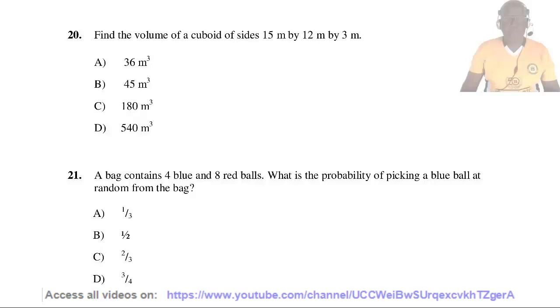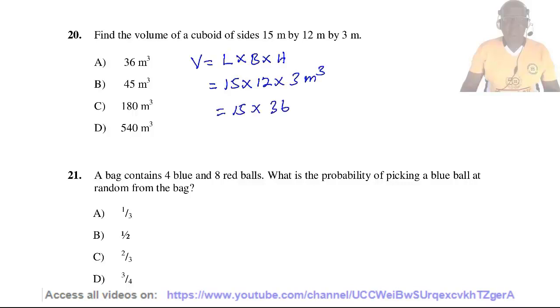Question 20. Find the volume of a cuboid of size 15 meters by 12 meters by 3 meters. The volume of a cuboid V is given by length times breadth times height. So 15 as the length times 12 as the breadth and height 3 meter cube, or 15 times 36.